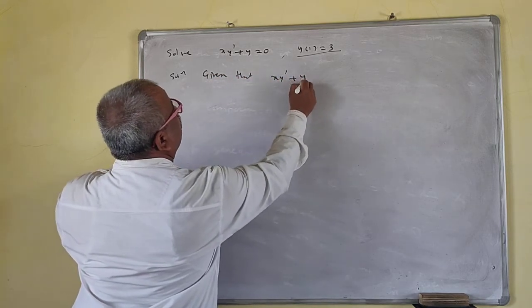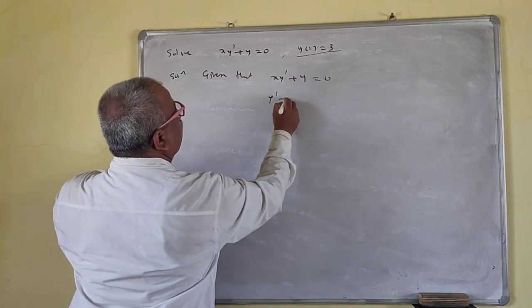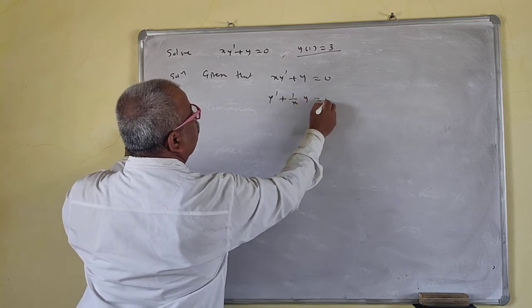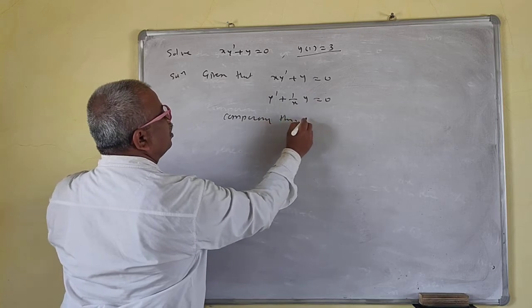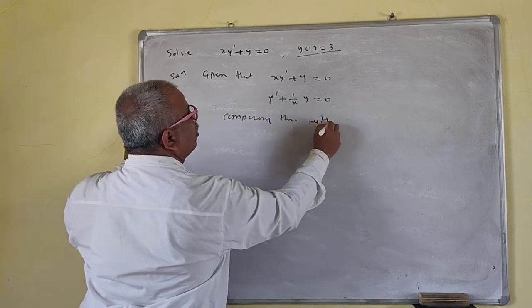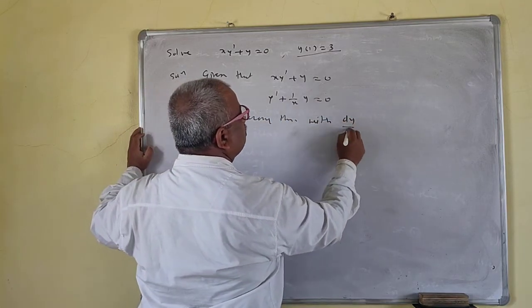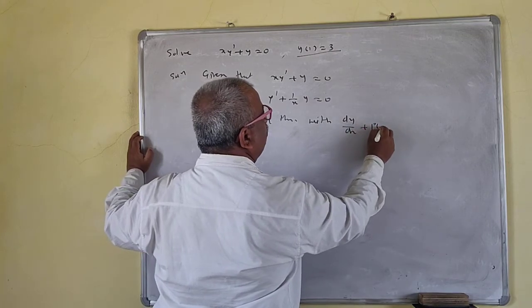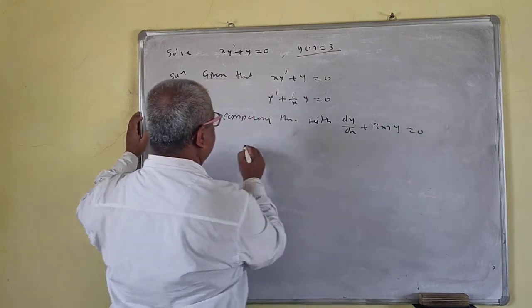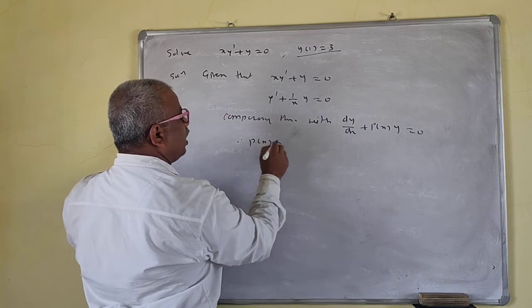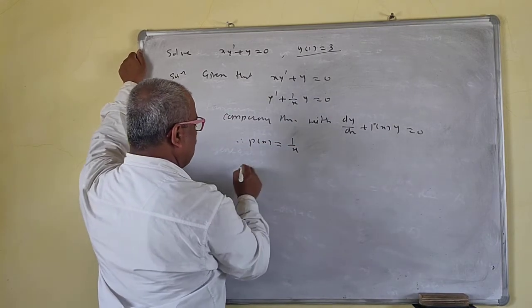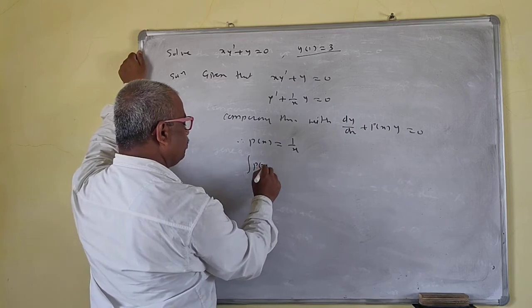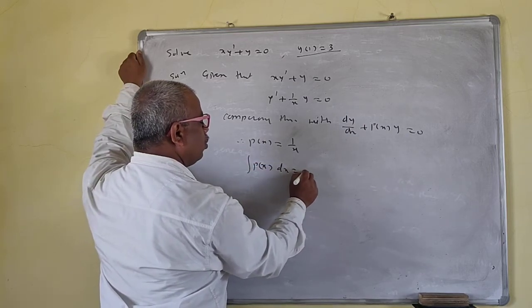Solution: given that x y prime plus y is equal to 0, so y prime plus 1 upon x times y is equal to 0. Comparing this with dy by dx plus p of x times y is equal to 0, therefore p of x is equal to 1 upon x, and the integration of p of x directly gives log of x.